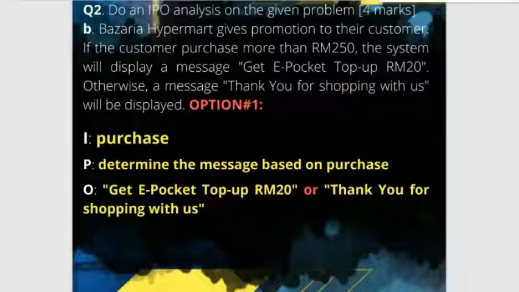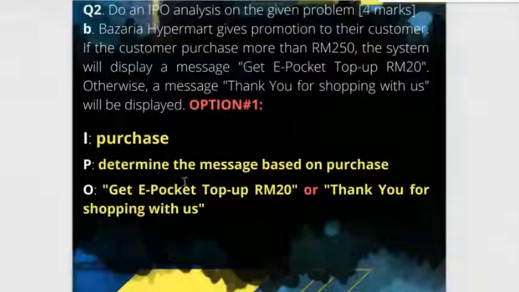Make sure that the spelling is the same. If P is a capital letter, this is also a capital letter. So please be careful. And the output is, don't forget the double quote here. Why double quote? Because the question asked to print a message. Since it is a message, it needs to have double quotes.